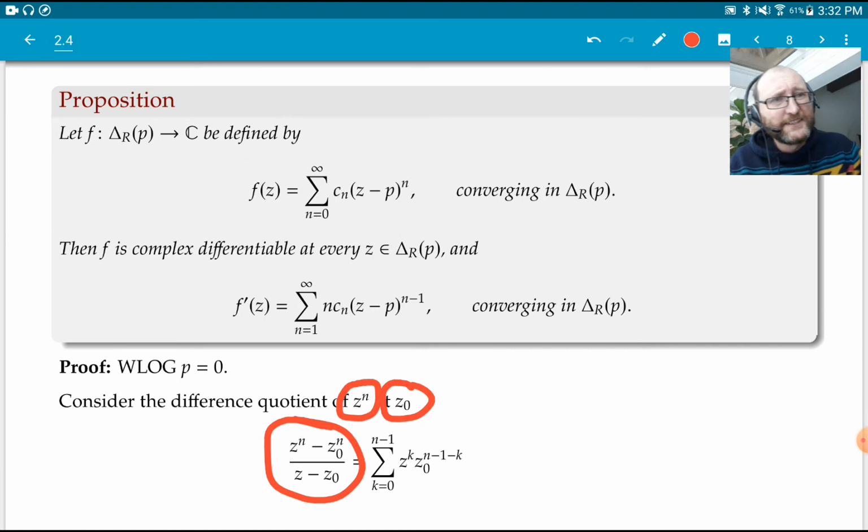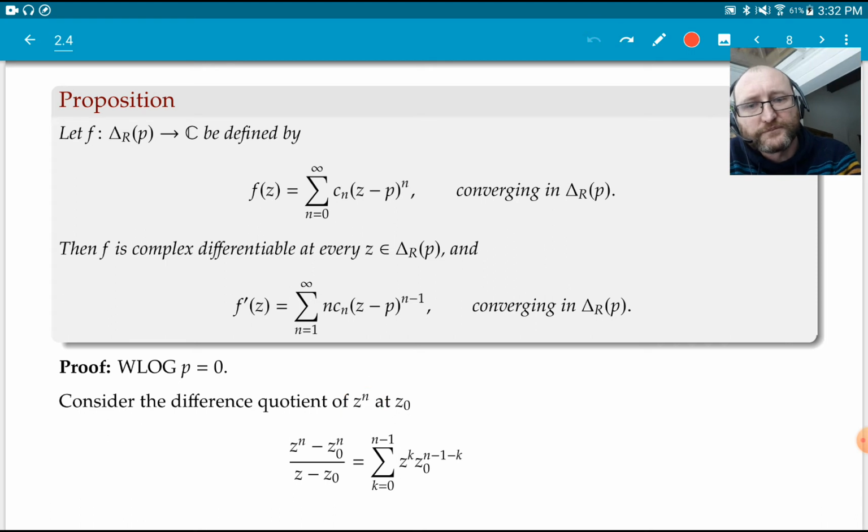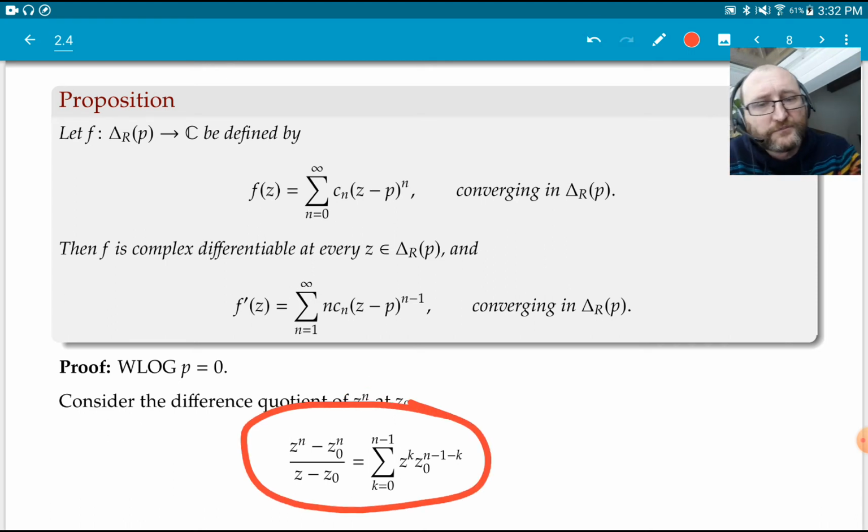Instead of 1, if you put in z naught to the n, and then z naught to the n minus 1 times z plus, and so on, you can get this formula over here.